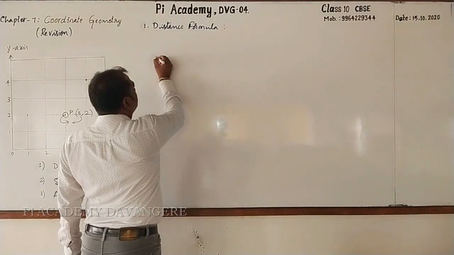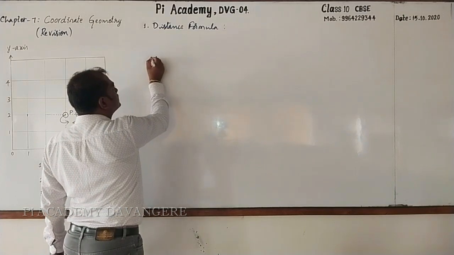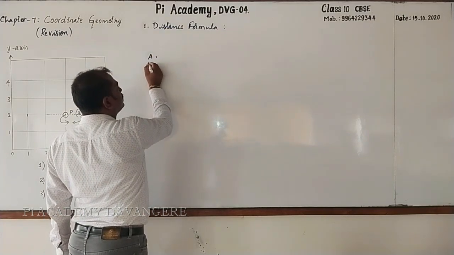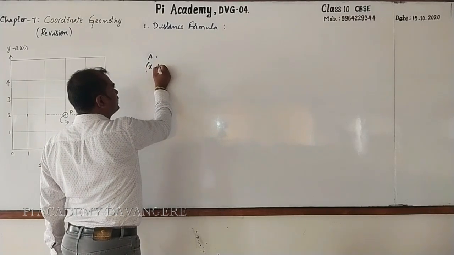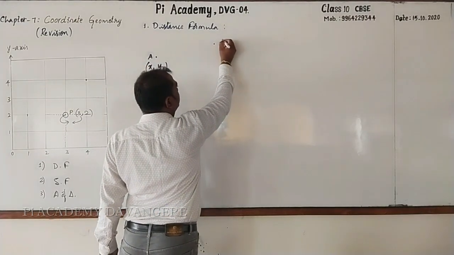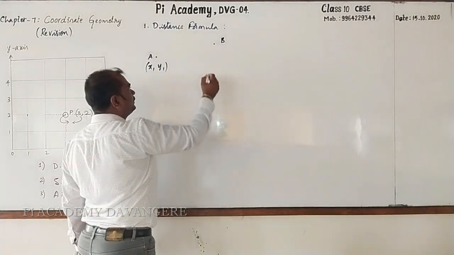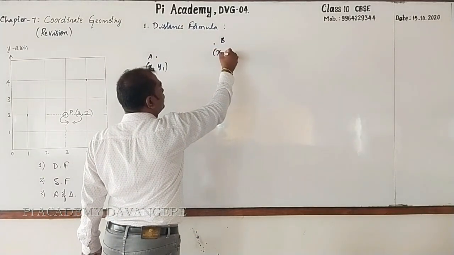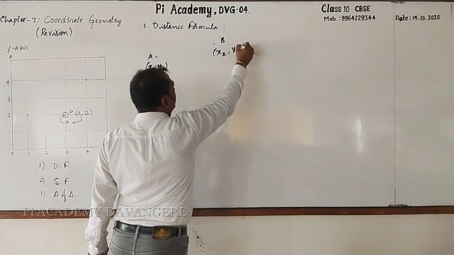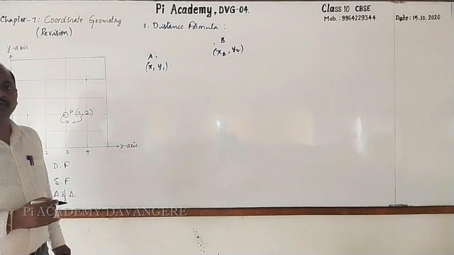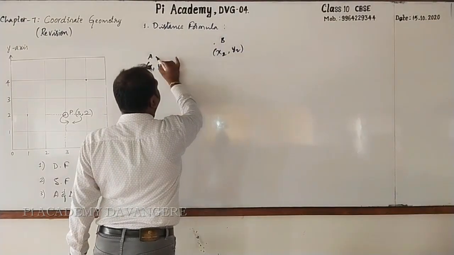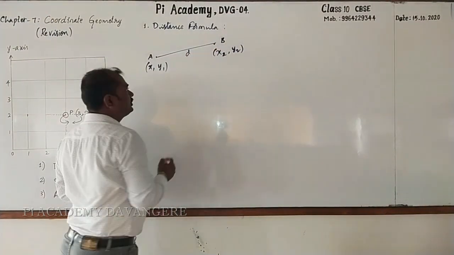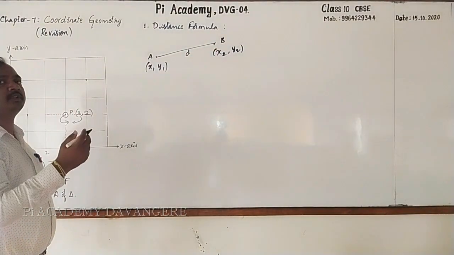Look here. Here is a point. I call this point A and write its coordinates as x1, y1. Let us take another point B, and the coordinates of this point are x2, y2. You are going to find out the distance between these 2 points A and B without actual measurement, means with calculation.